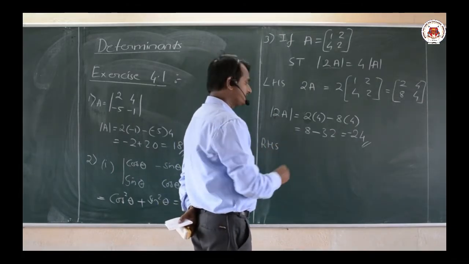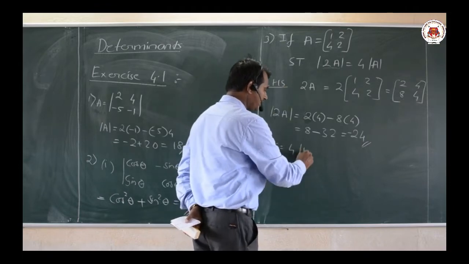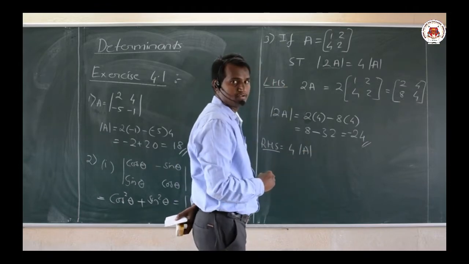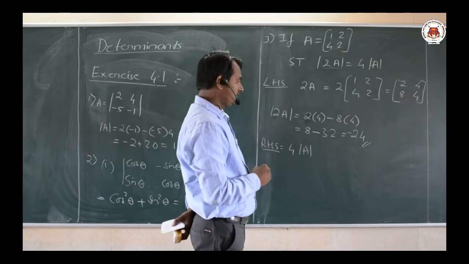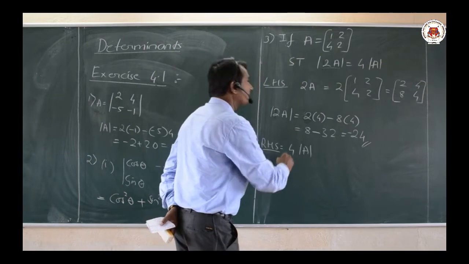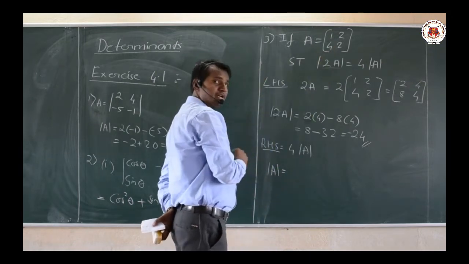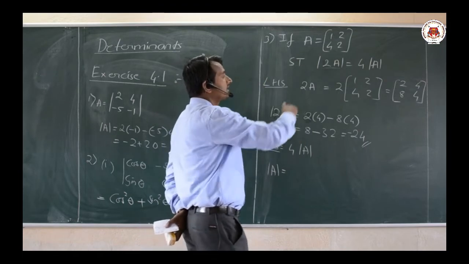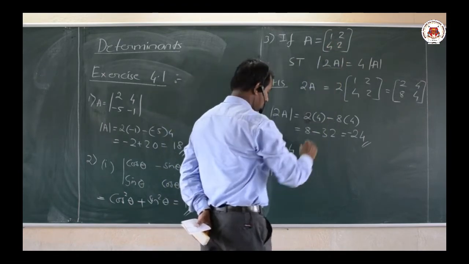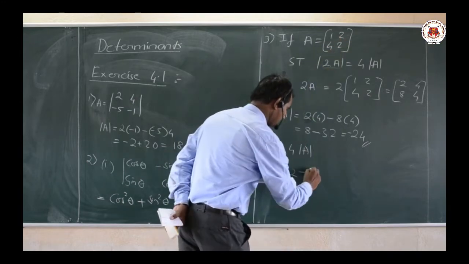Before solving the RHS, we have 4 into determinant of A to solve here. First of all, I will find the determinant of A from the given question. Directly I will solve: 1 into 2, 2, minus of 4 twos are 8.